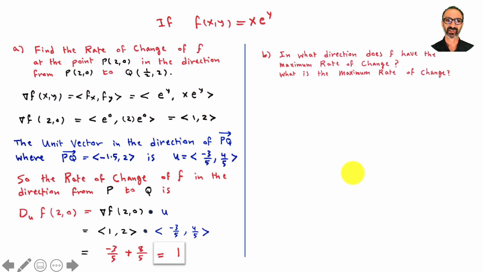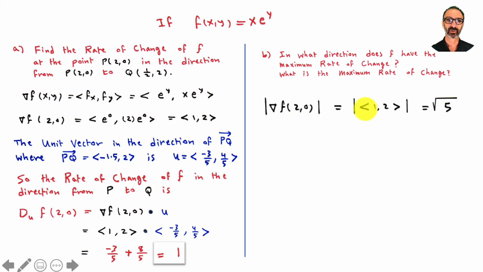Part B says, in what direction does f have the maximum rate of change? And what is the maximum rate of change? Well, the maximum rate of change will have the direction of the unit vector, and will have the value, the maximum, as the magnitude of the gradient.